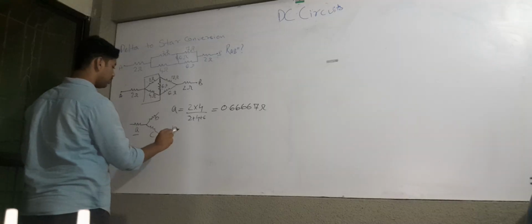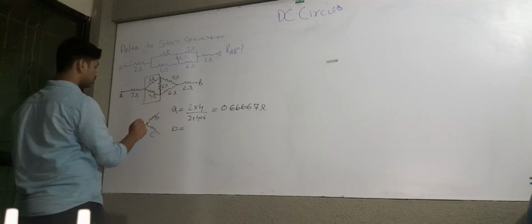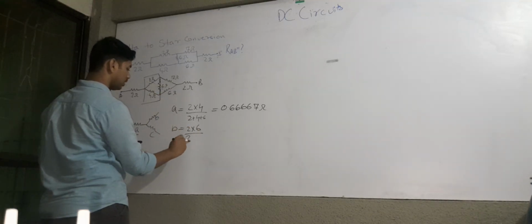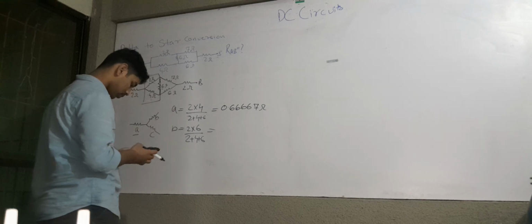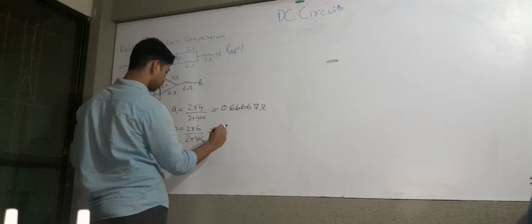Similarly, B is equal to 2 times 6 divided by the total, which is 1.